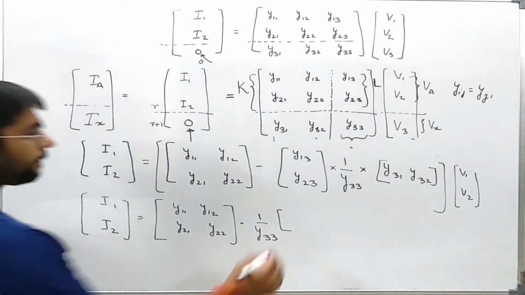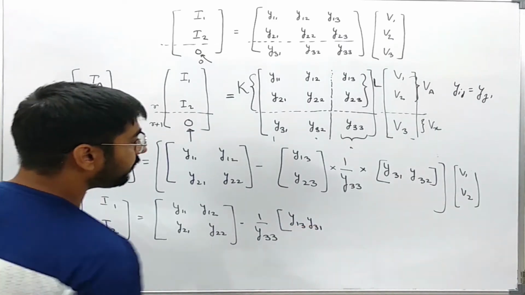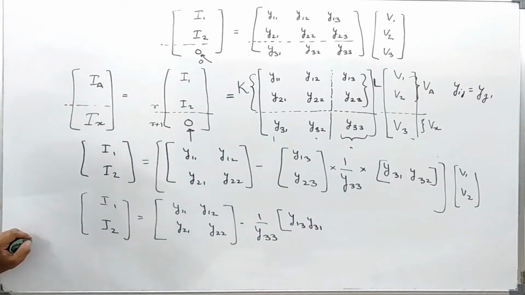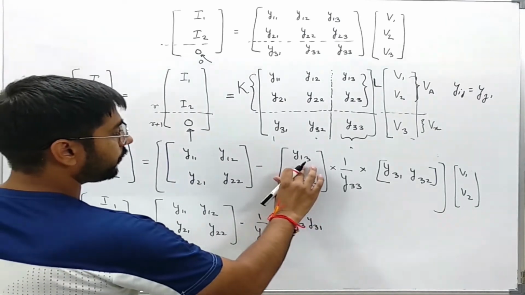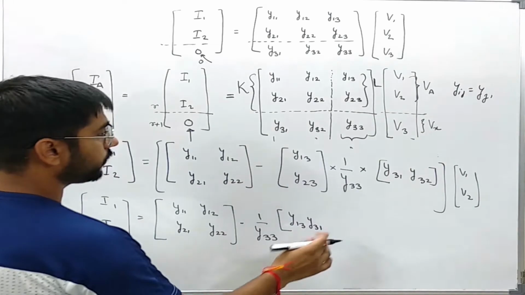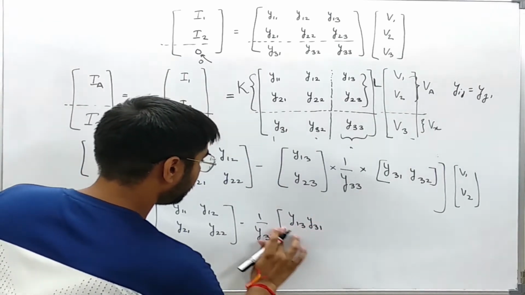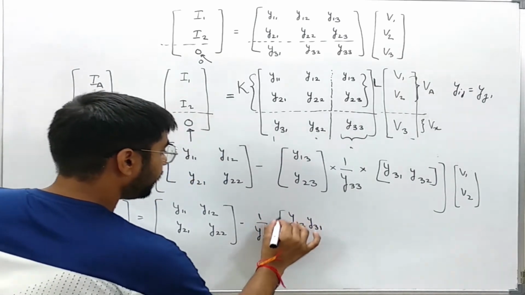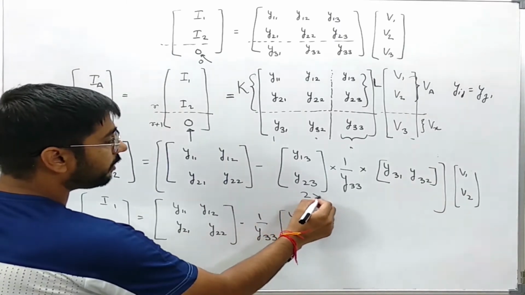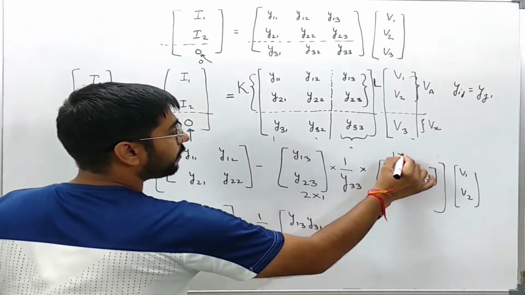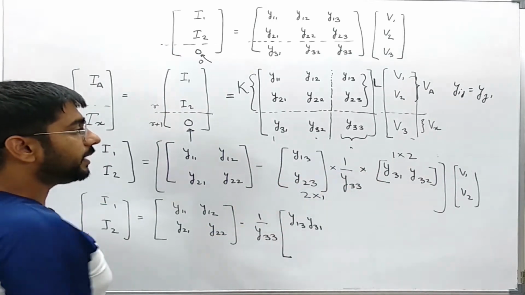What it will become? y13, y31 plus it will become a 2 by 2 matrix, because this is a 2 by 1 vector and it is a 1 by 2 vector. So their multiplication will become a 2 by 2 matrix.